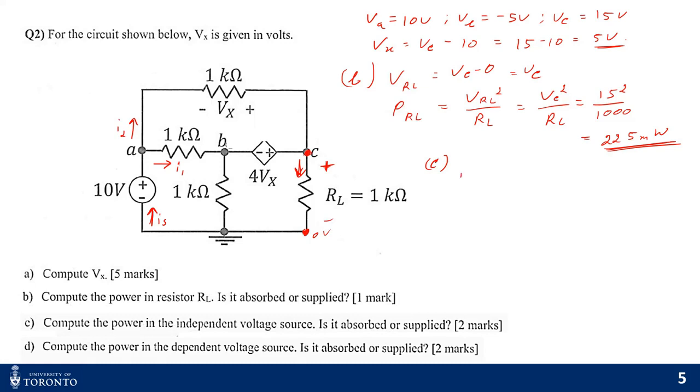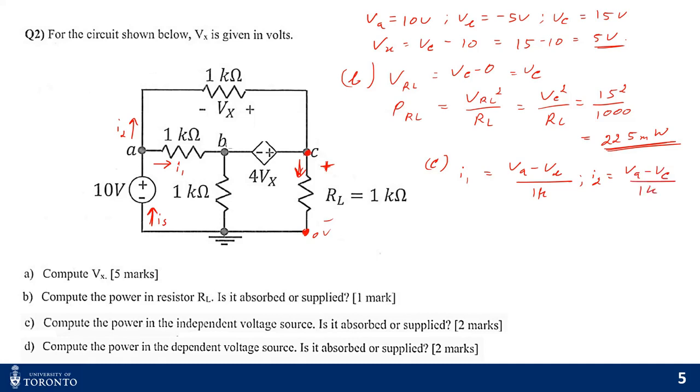So what's going to be my I1? I1 is basically VA minus VB divided by 1K. I can find it out. What's my I2? I2 is basically VA minus VC divided by 1K.